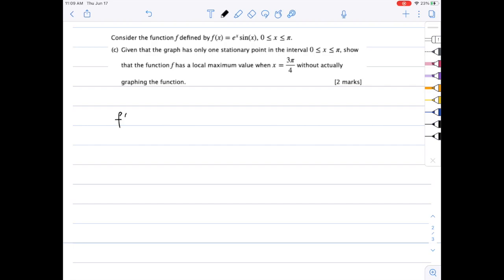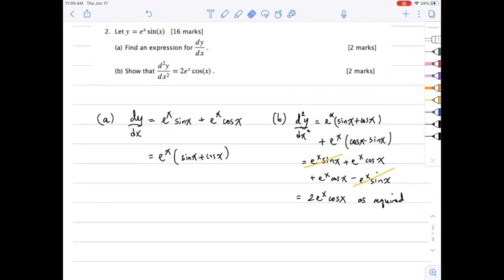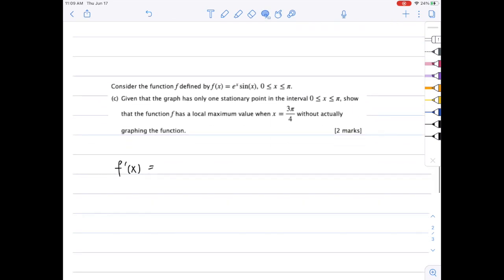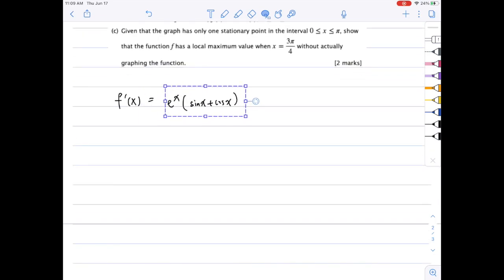Okay, so we'll need the first derivative. The first derivative here, we had it from earlier, so I'm just going to steal that from earlier. We had that right here. And if we want the stationary point, we need to set this equal to 0.